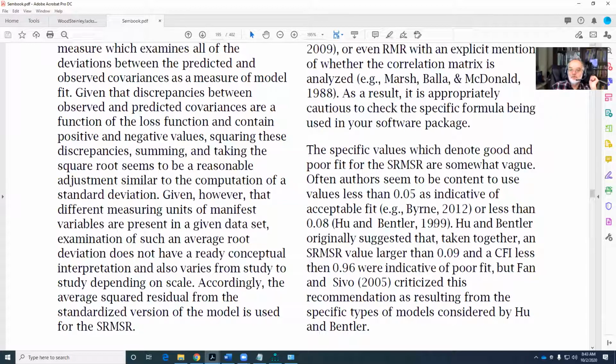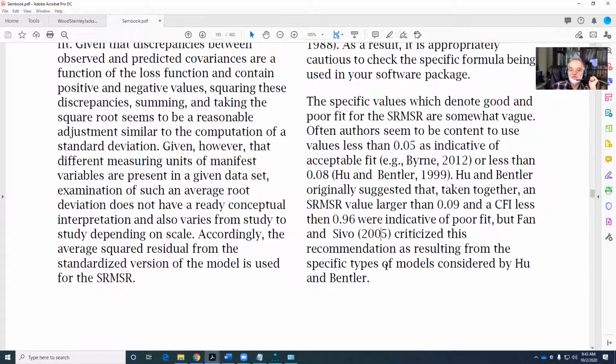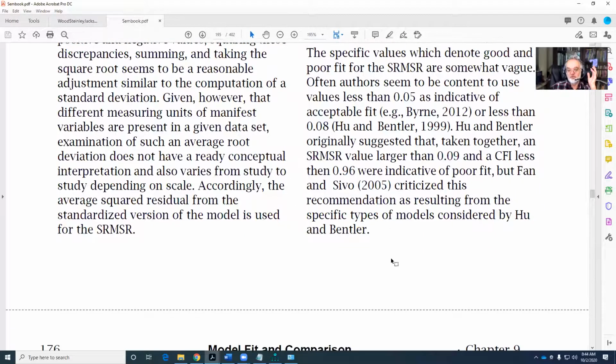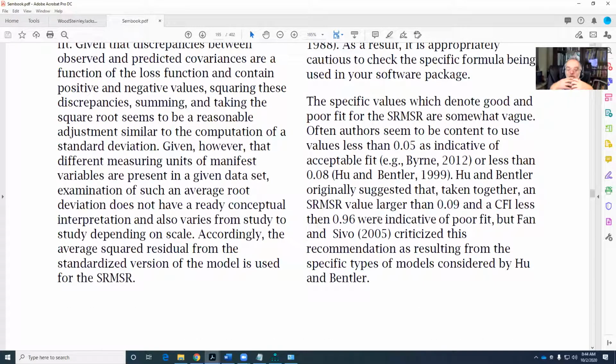Their article also went on to say, if I've got a value greater than 0.09 and a comparative fit index less than 0.6, it's not very good fit. It's been kind of kicked around by somebody else saying that maybe that recommendation is an artifact of the particular types of models they considered in their article. But if you're looking for, when you write things up, here's my value, is it good or bad?